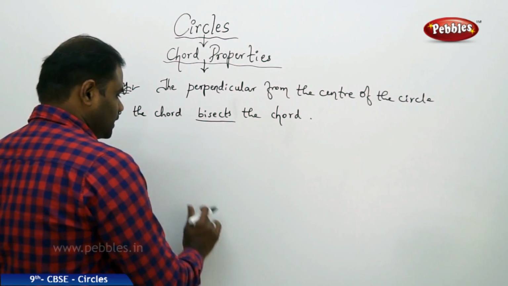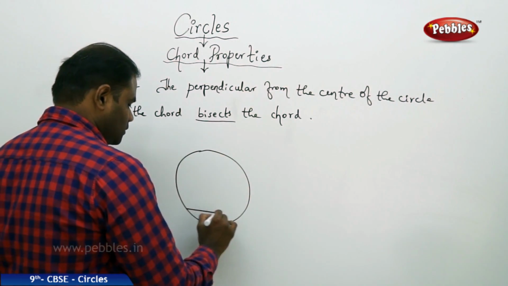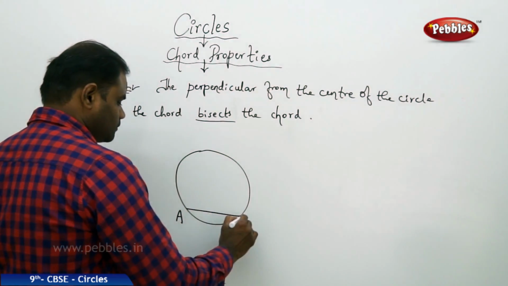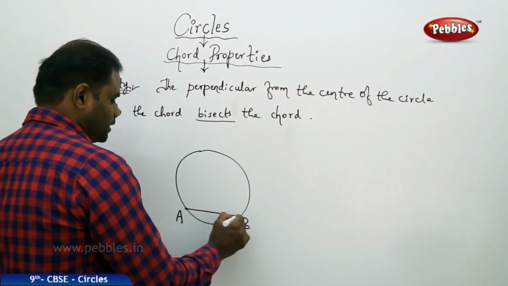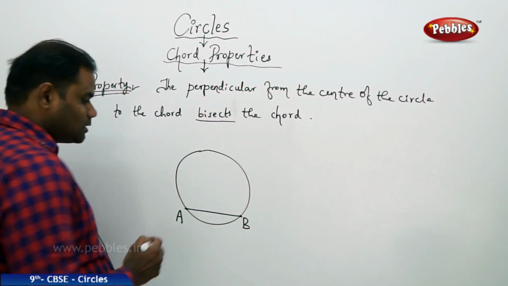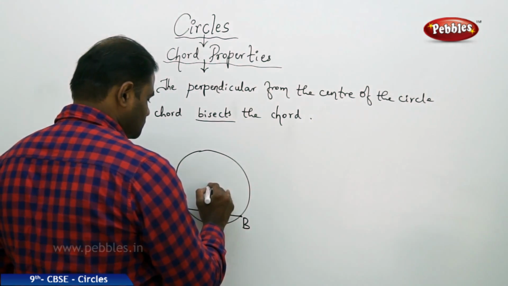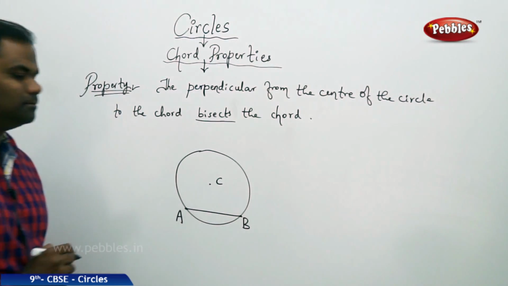So here I take a circle, I take a chord. Here AB is my chord, connected with endpoints A and B on the circle. Now let's take the center of the circle. Here is the center of the circle.